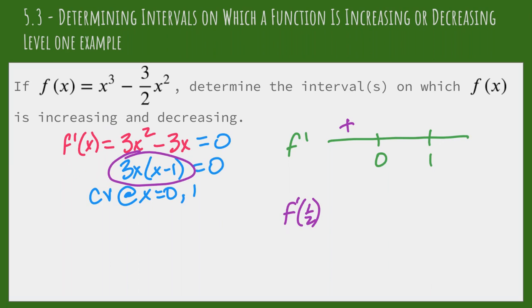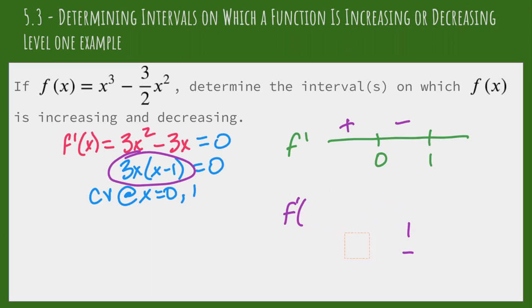By plugging in the factored form, I can think of positives times negatives and what I'm going to get. So this is going to be 3 times positive 1/2, and then 1/2 minus 1. I have a positive 3, a positive 1/2, and 1/2 minus 1 is going to be a negative. So positive times negative is going to give us a negative.